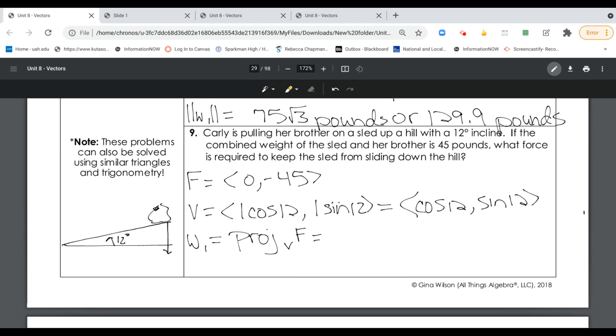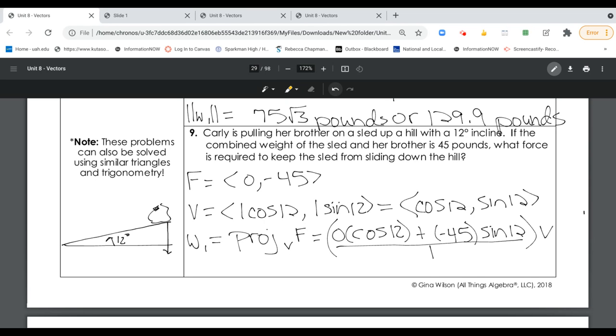So what I'm going to do is my shortcut. That's going to be 0 times cosine 12 plus, I'm sorry, not 0, negative 45 times sine 12. All of that is divided by the magnitude of V, which is a unit vector, so that's divided by 1.